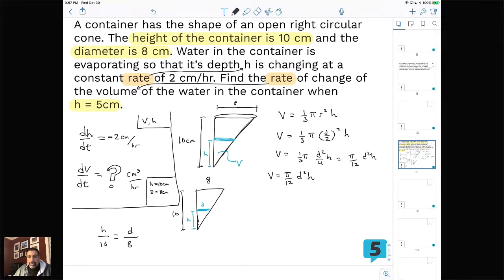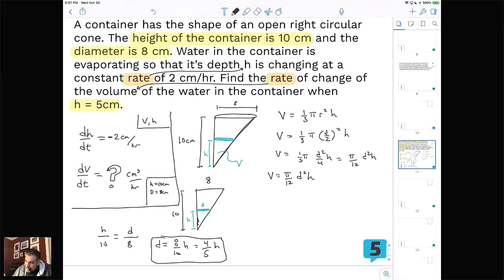Keep in mind, we're trying to replace the d. So if I multiply both sides of this by 8, d is going to give me 8 over 10 h, which is the same as 4/5 h. So no matter where we are in this problem, d is going to be the same as 4/5 h.